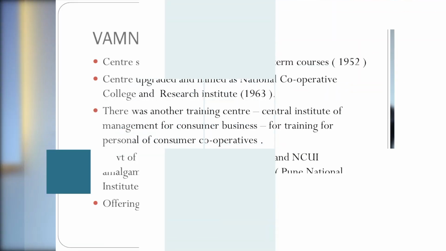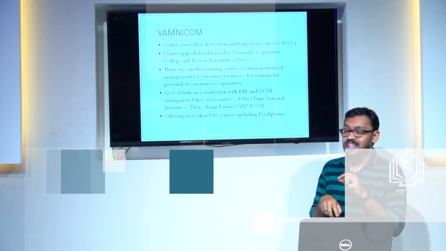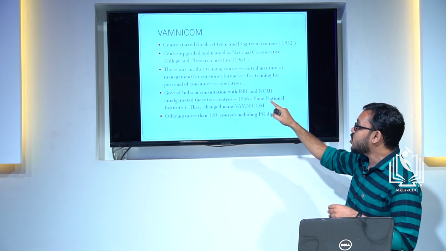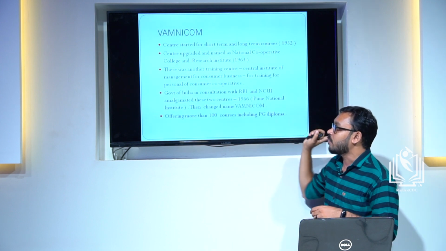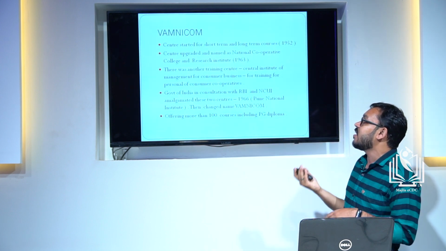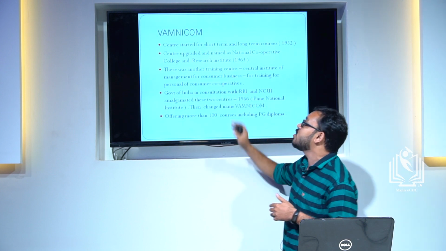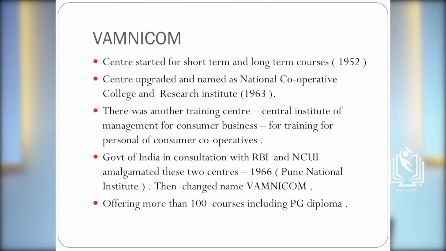Then they started a center for short term and long term courses in 1952, and that center was upgraded and named the National Cooperative College and Research Institute in the year 1963. There was another training center, the Central Institute of Management for Consumer Business and Training for Personnel of Consumer Cooperatives, and these two centers were amalgamated in the year 1966.